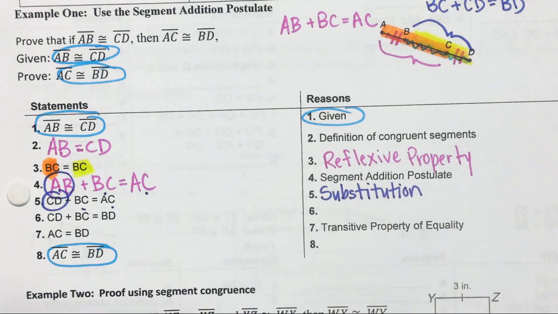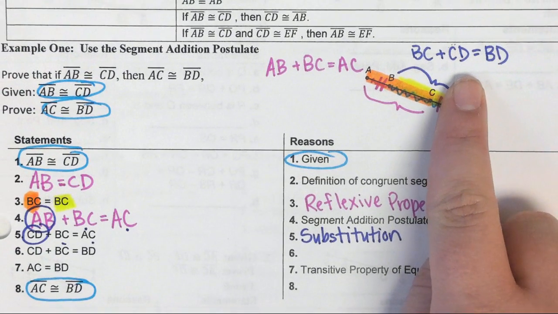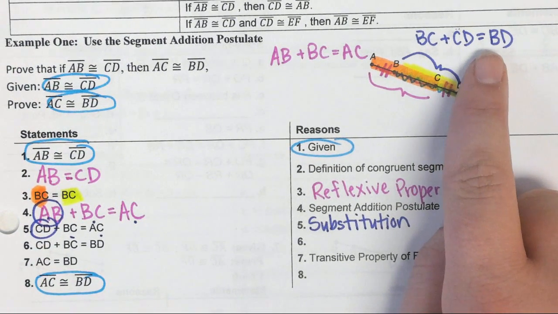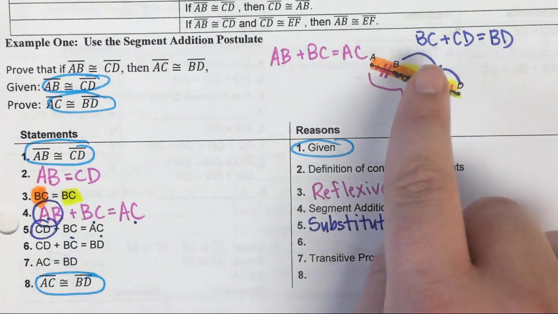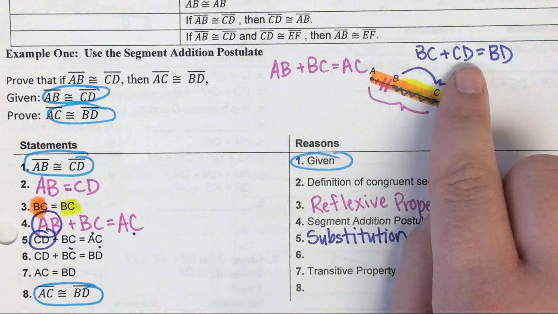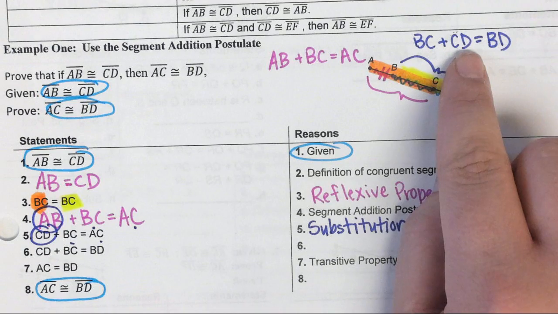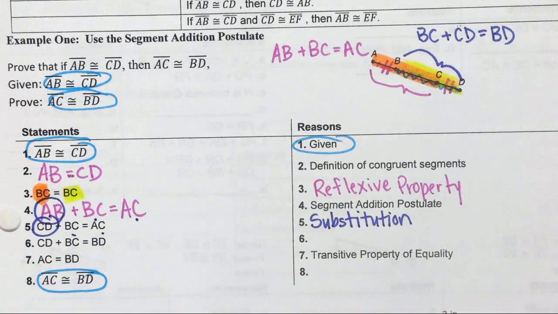Now line 6 says CD plus BC equals BD. And I get why some people are frustrated by that line, except I've written at the top this purple one, and we haven't used it yet. And I noticed that even though my letters aren't in the exact same order, they're very similar. So I had CD, there's a CD.